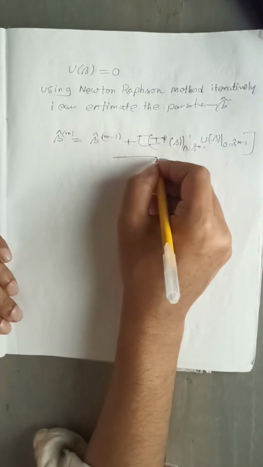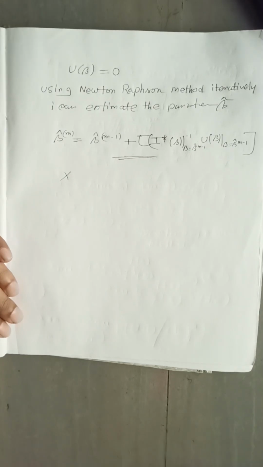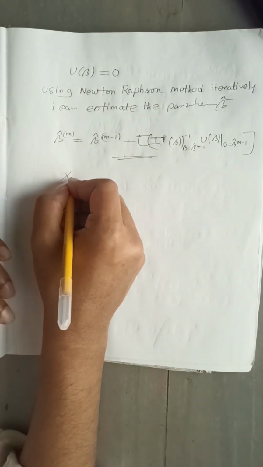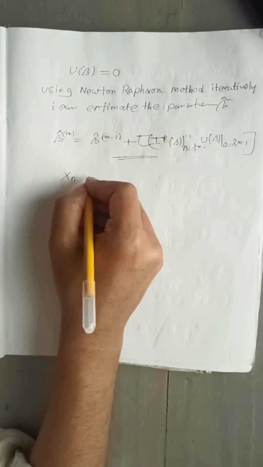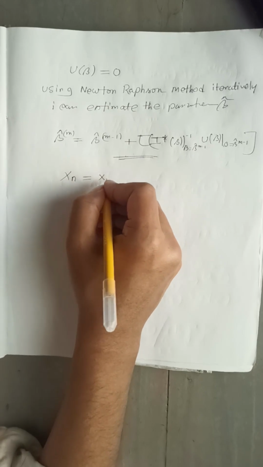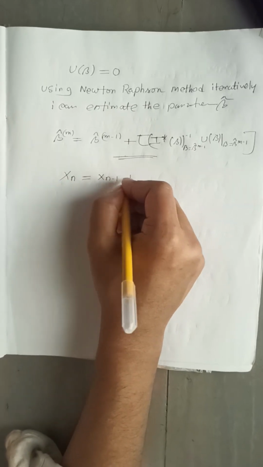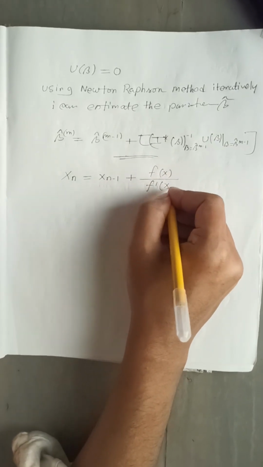This is the Newton-Raphson method. You have already seen something like this. If I just give you an insight, x n is equal to x n minus 1 plus f of x over f prime of x.